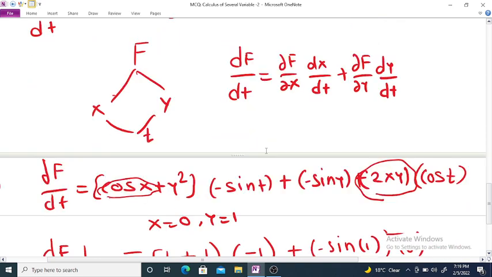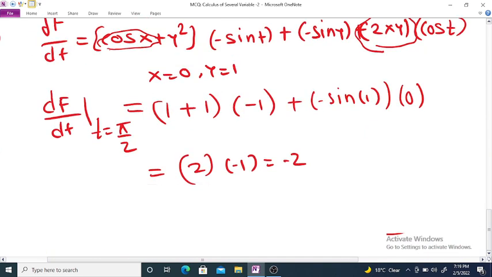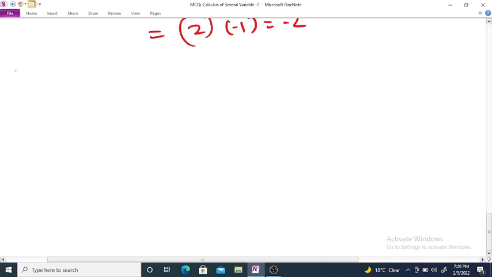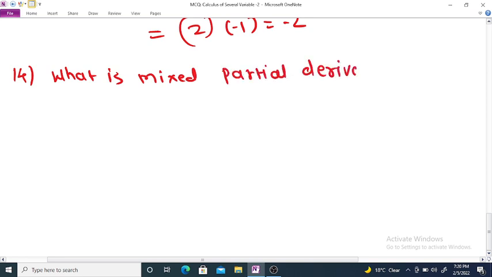The next example, example number 14. What is the mixed partial derivative of f of xy is equal to twice x square plus y square, and the options are given.